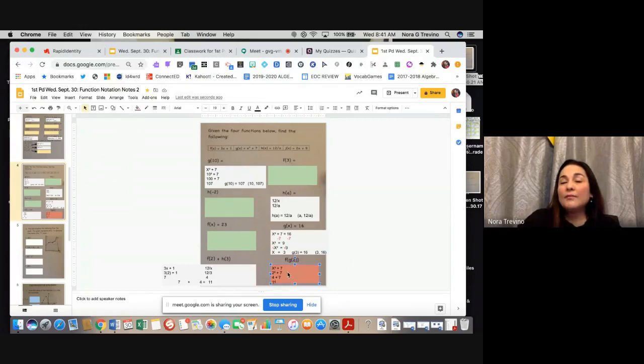So now you will have this. Make sure you can see that. You still have the f on the outside, but now you know the inside was equal to 11.